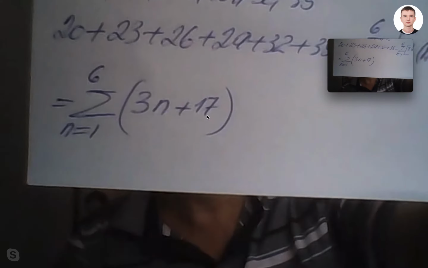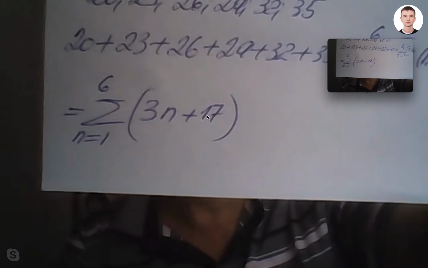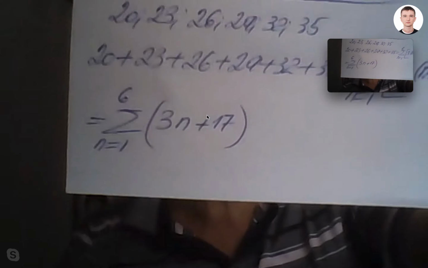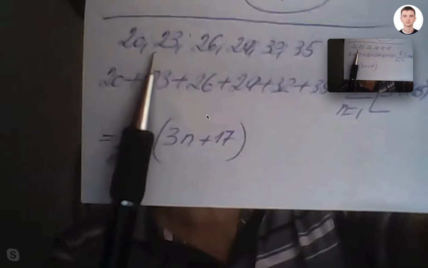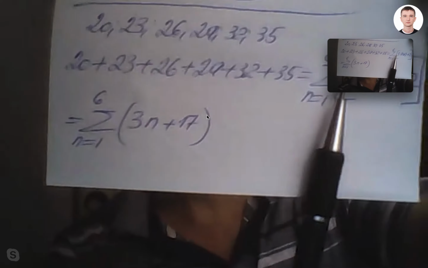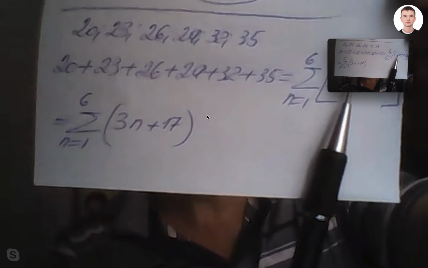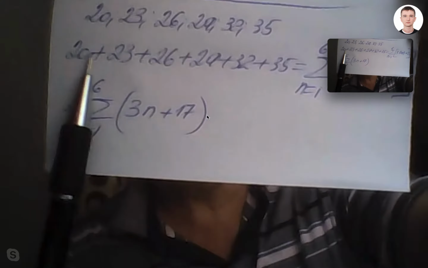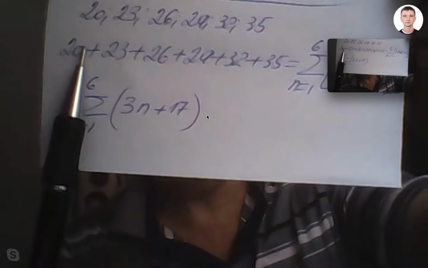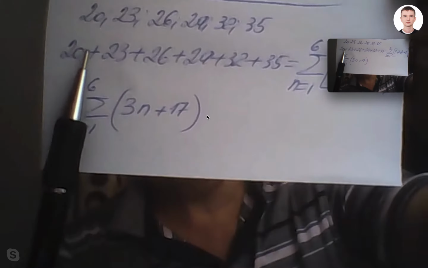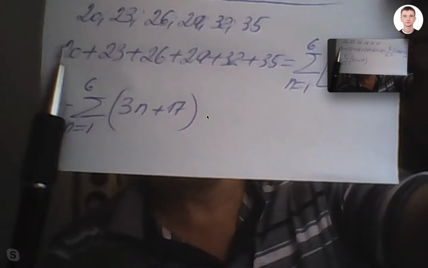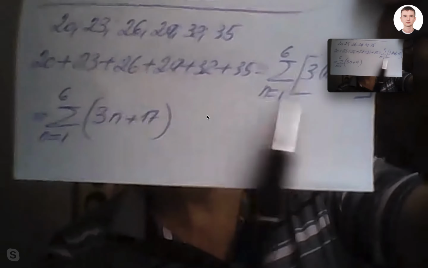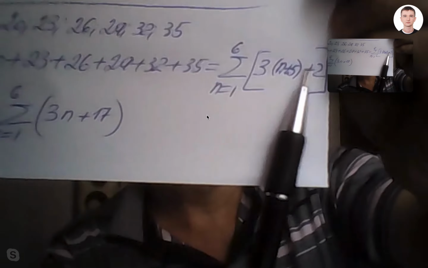Let's repeat it. The common difference is 3, so we multiply by 3. The first term is 20, which is 2 units up from 18, so we have to add 2.